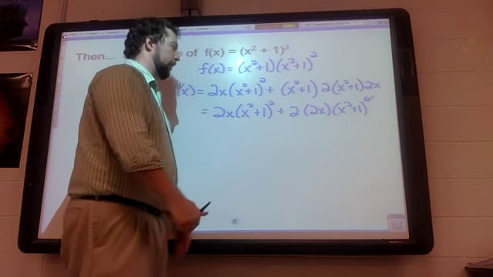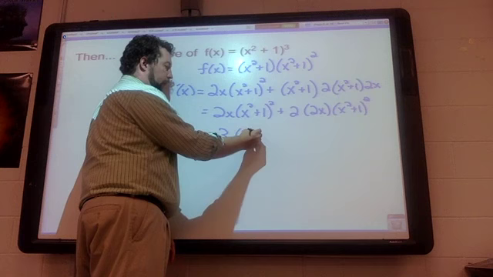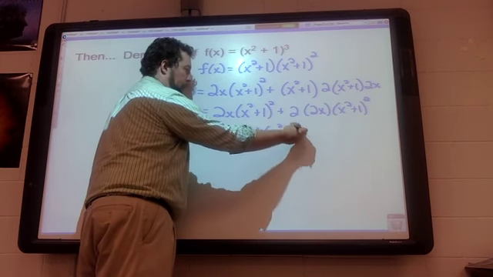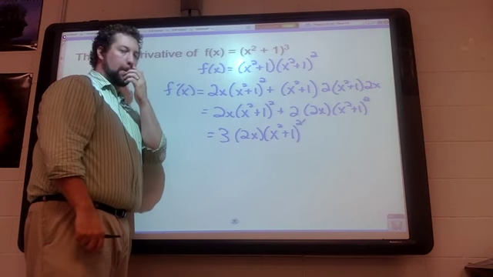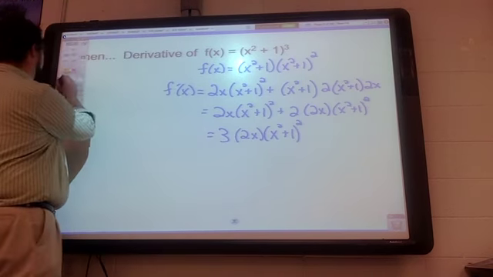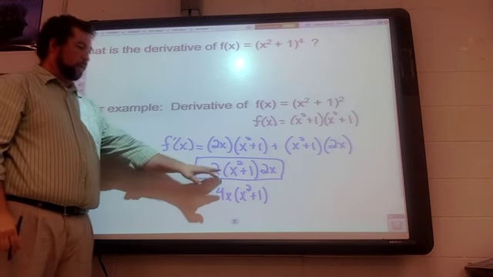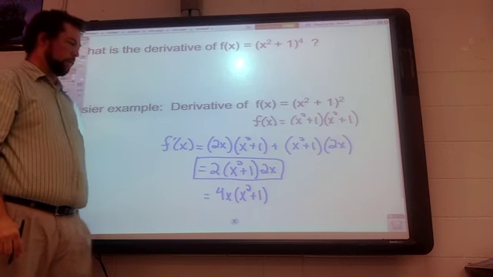So if I combine like terms, this gives me 3 times 2x times x squared plus 1 squared. Huh. That's interesting. So the previous one we had 2 times x squared plus 1 times 2x.